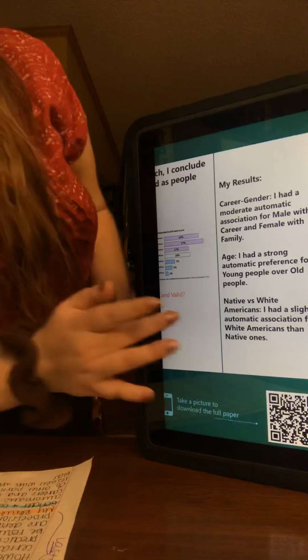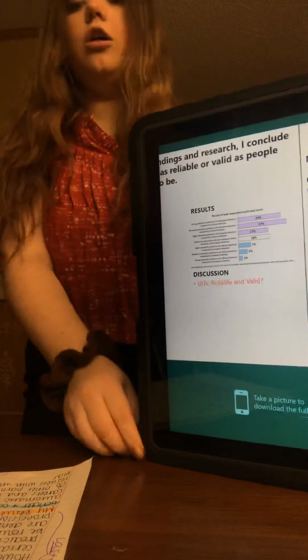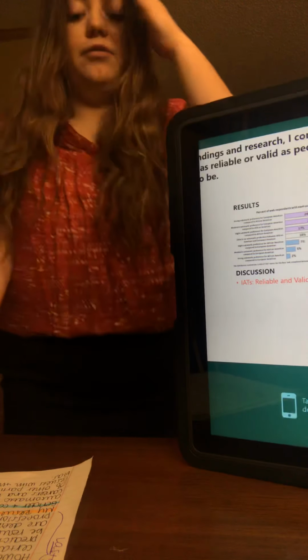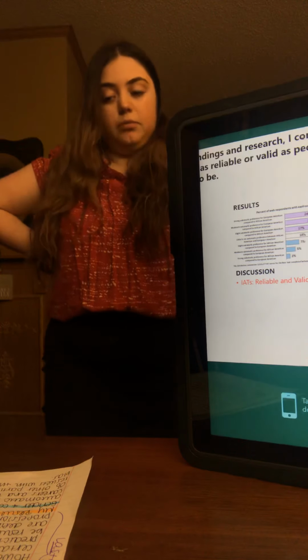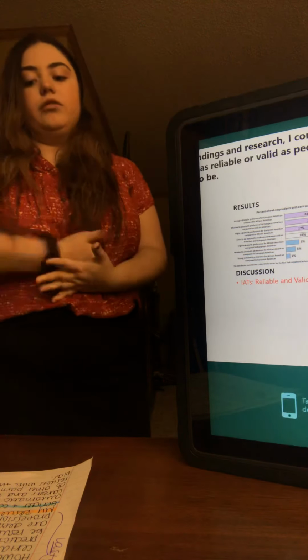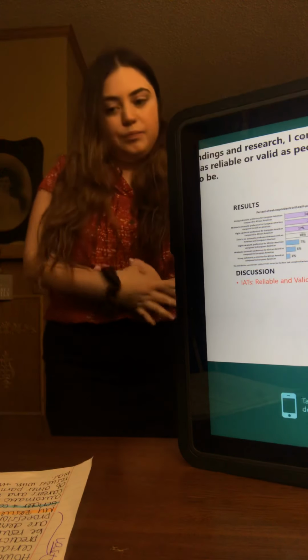Now, finally, going back to the discussion, which I saved for last: are implicit association tests reliable and valid? IATs can be reliable and valid for general study. However, these types of tests are reliable to a certain extent.